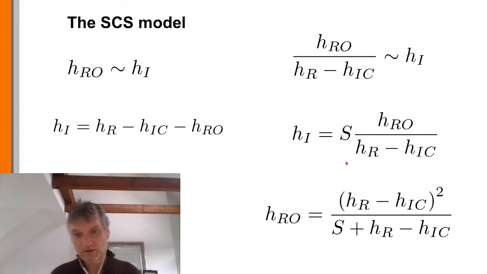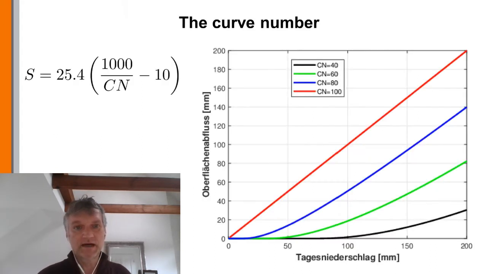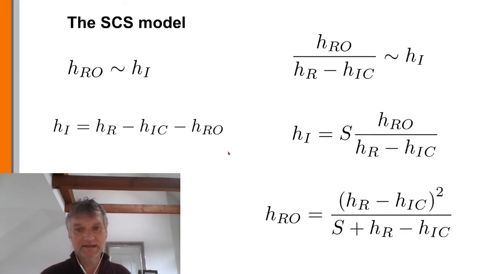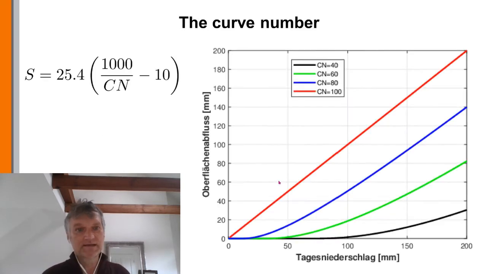In this way we only need the total rainfall height and the interception rate, and this parameter to get the actual surface runoff height. So what we need now is this S, and this S is more or less something like the permeability, and this S is calculated by a so-called curve number, which is here. Here S can be calculated by this formula in this model, and here this is the curve number.